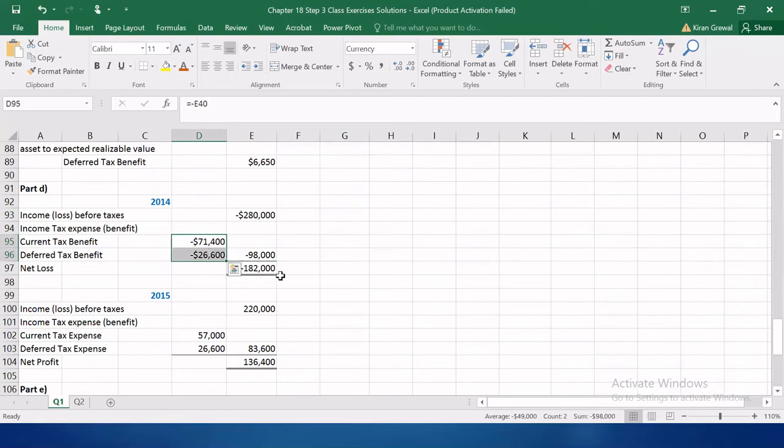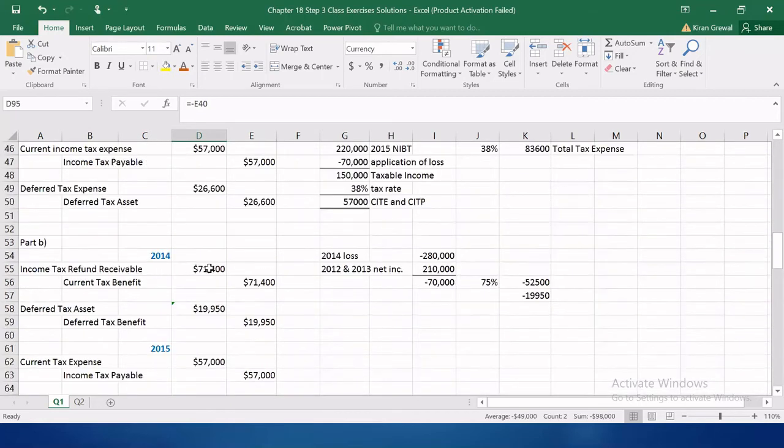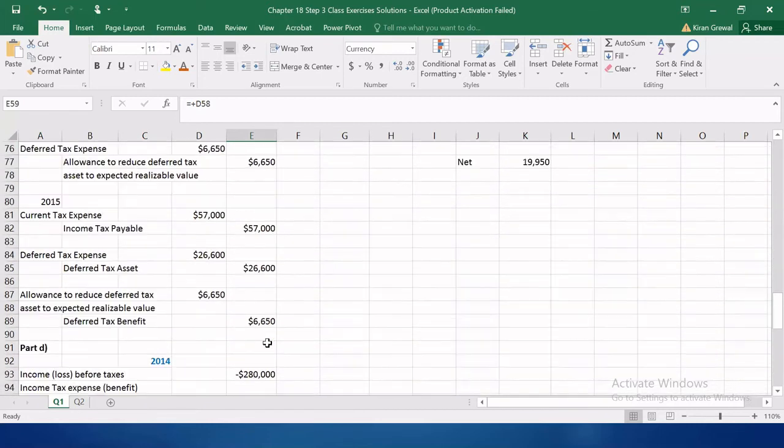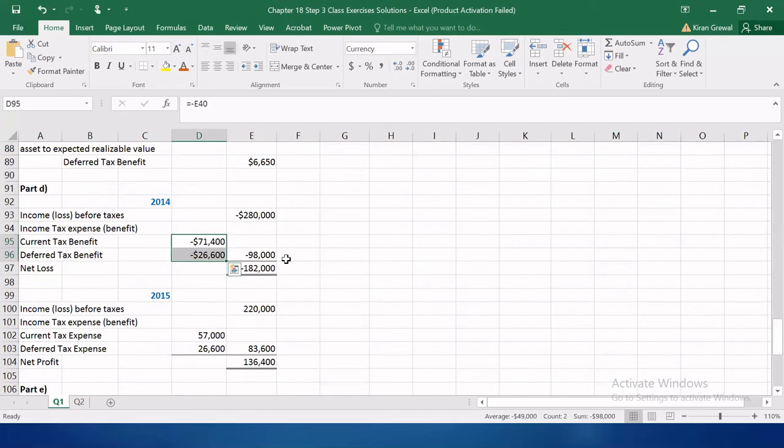And then the 2 journal entries that we did in part A of 2014 was we credited current tax benefit of 71,400 and credited deferred tax benefit of 19,950. So those 2 amounts are going to bring down our loss. If you add up those 2 amounts, 98,000 (sic), we're going to bring down our loss to 182,000. So instead of a loss of 280, it's a loss of 182,000 because we took advantage of the loss that we had and used it in the prior periods and carried forward some of it.